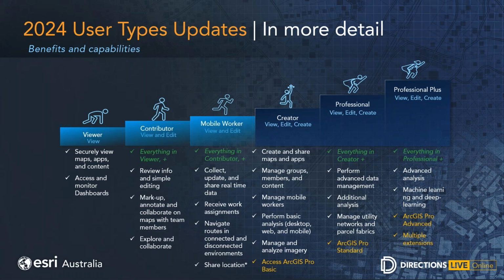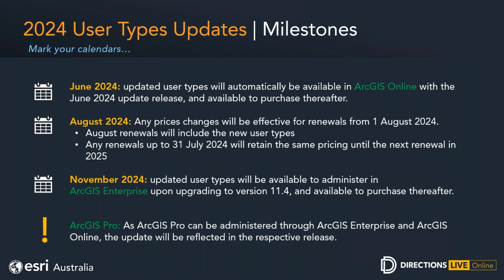So Tanya, when are these changes coming into effect, and are there key dates that our audience needs to know? Sure, there are a few key dates to make note of to help you in planning. June, August, and November. The June release of ArcGIS Online will automatically update all user types with relevant capabilities, applications, and add-ons. New user types and updated pricing will be included in renewals from the 1st of August this year.